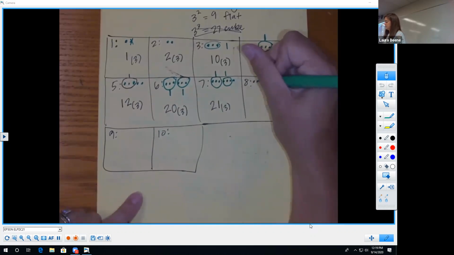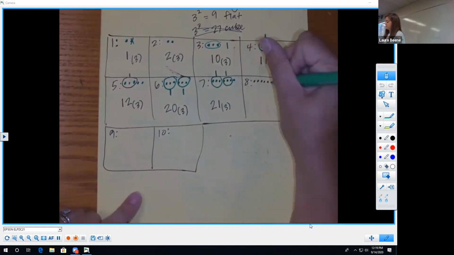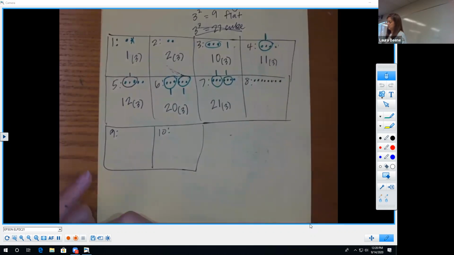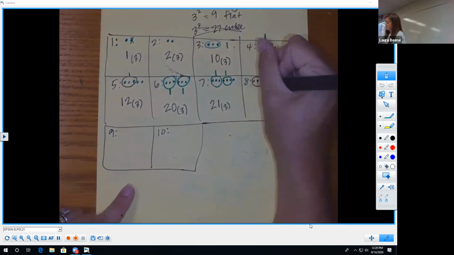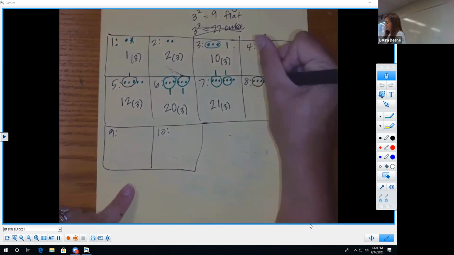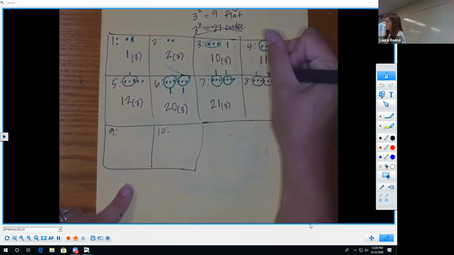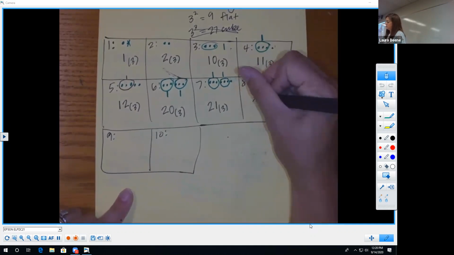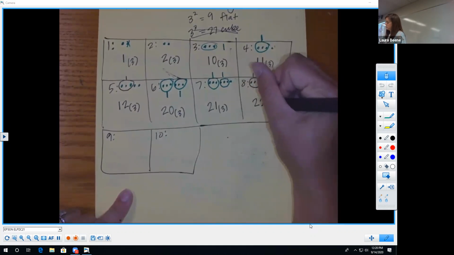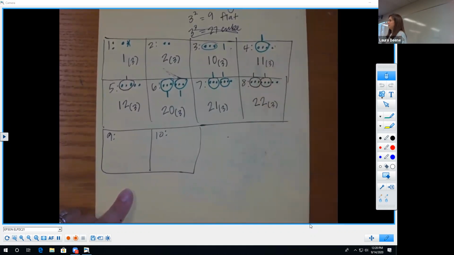For 8, that would be 1, 2, 3, 4, 5, 6, 7, 8. Again, I put 3 units together to make a long, another 3 to make a long, and then I have 2 left over. So that would be 2 longs, 2 units in base 3.